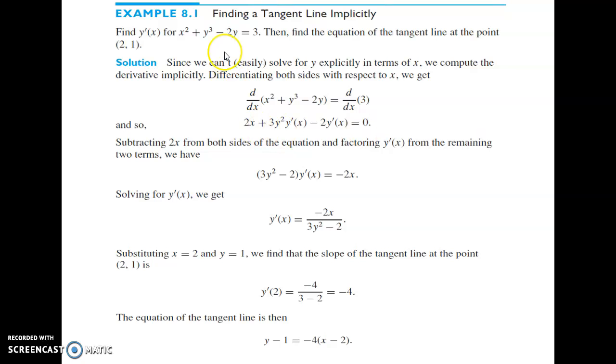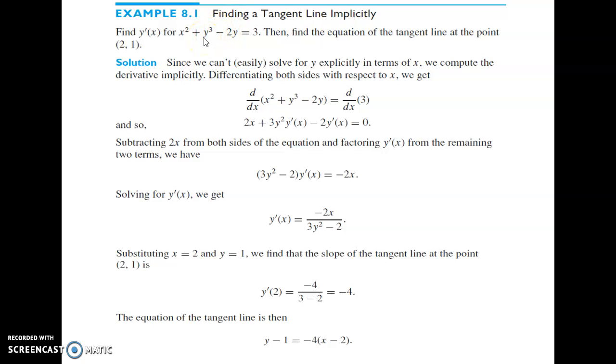So let's see an example here. In this case, we are asked to find the equation of the tangent line implicitly. That is, we are asked to find y prime of x for this. Look at it. x and y are on the left, and on the right side you have a constant. So this is an implicit function.